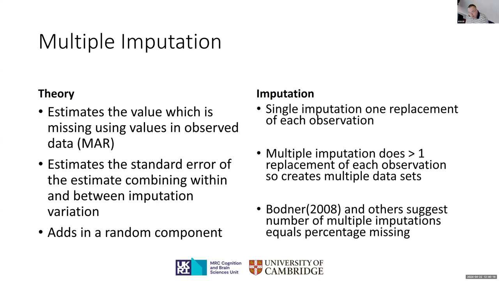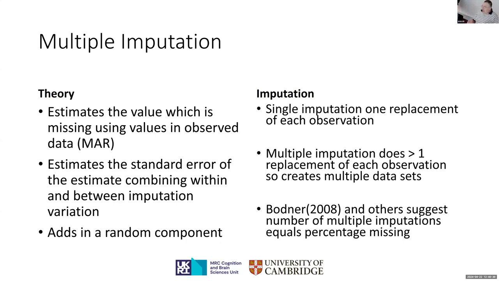The bottom part on the right asks the question, how many imputations should we use? How many random samples estimating the missingness should we use? The traditional number was to make the number of imputations equal to the percentage of missing observations. That was Bodner.